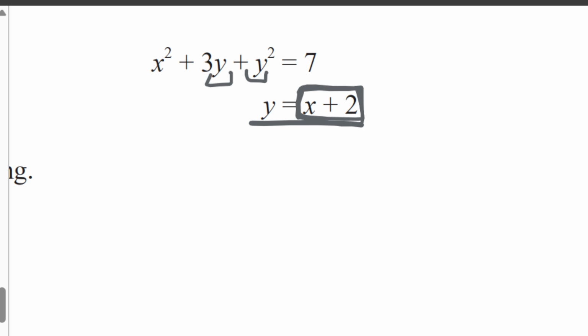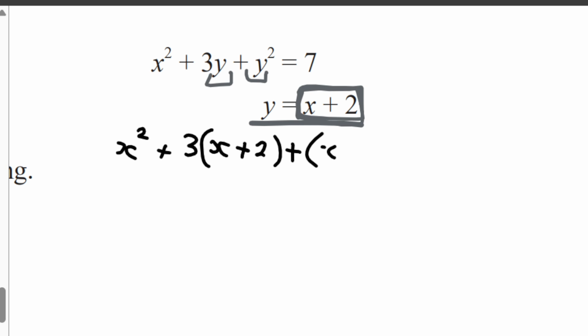Your equation x squared plus 3y plus y squared equals 7 will be x squared plus 3 times (x plus 2) plus (x plus 2) squared equals 7. This is very good.